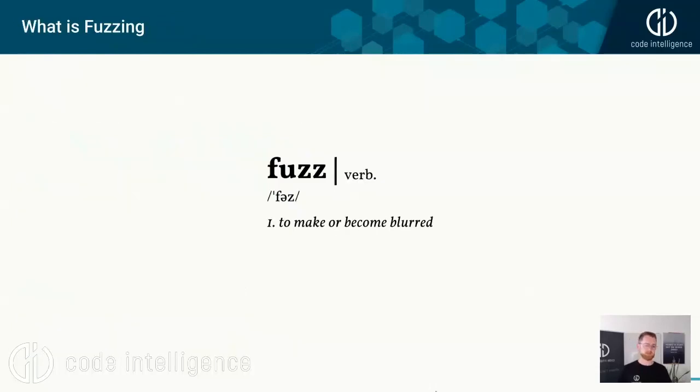But what is fuzzing actually? The word fuzzing means to make or become blurred. In our case, it relates to the tests. We're not really sure which test input or what kind of test the fuzzer uses, so it's kind of blurry on the developer side, and it's used to discover bugs while testing.